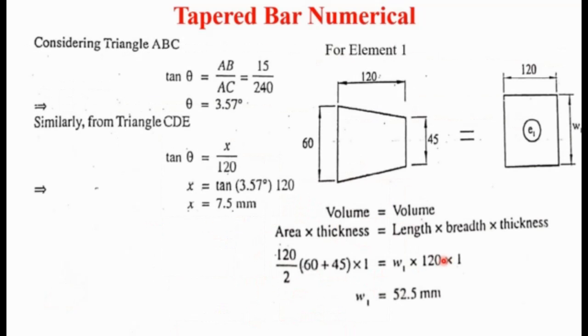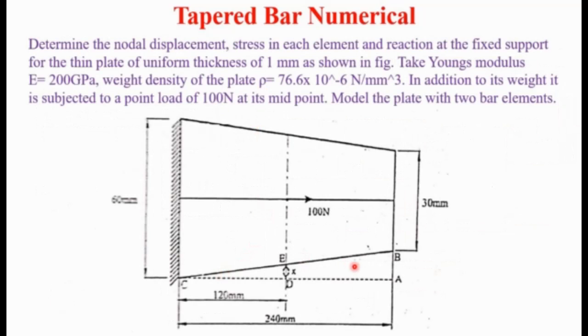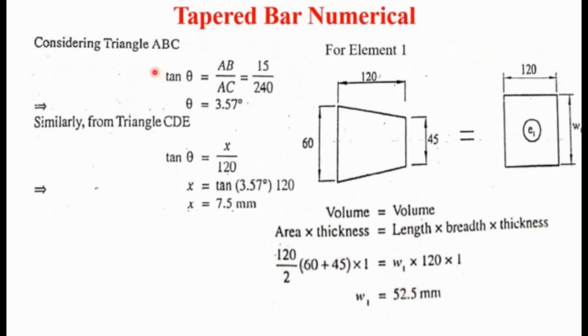Now we have to calculate this theta, that is this angle BCA. So first of all we will take this triangle A, B and C. In this triangle ABC, tan of theta is equal to AB divided by AC.